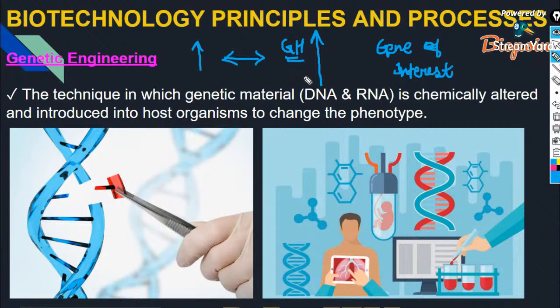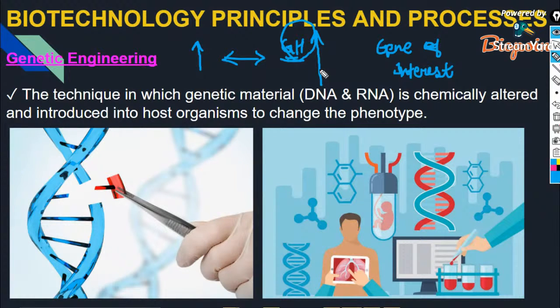Here, growth hormone can act as the desirable gene because our aim is to convert a short organism into a grown up organism, and for that we have to alter the chemistry of that particular gene of the short organism. For that we need a gene of interest, the desired gene, which is the growth hormone.